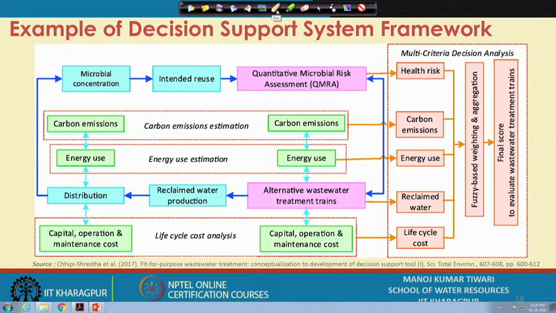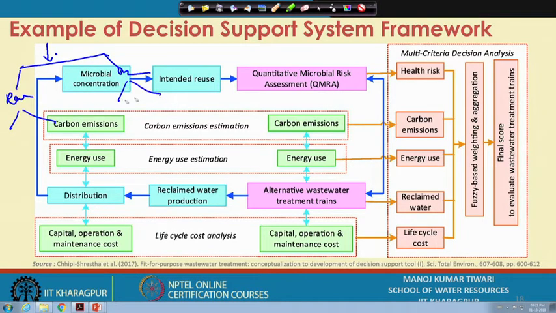Okay. Another approach for a typical decision support system is that you have the water inflow, the volume is this. Again for these systems you will have an idea of what the reuse options are, and if your reuse option is this, or this.